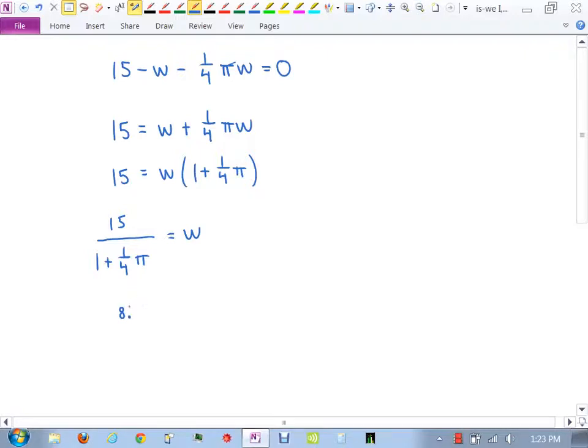So 8.4 is approximately w. Is that within our domain? Yes? Okay, now, this is a really important concept point that I don't want people to miss.